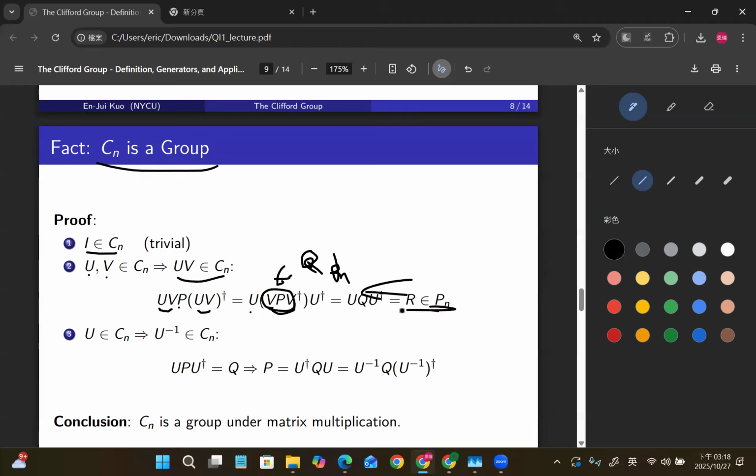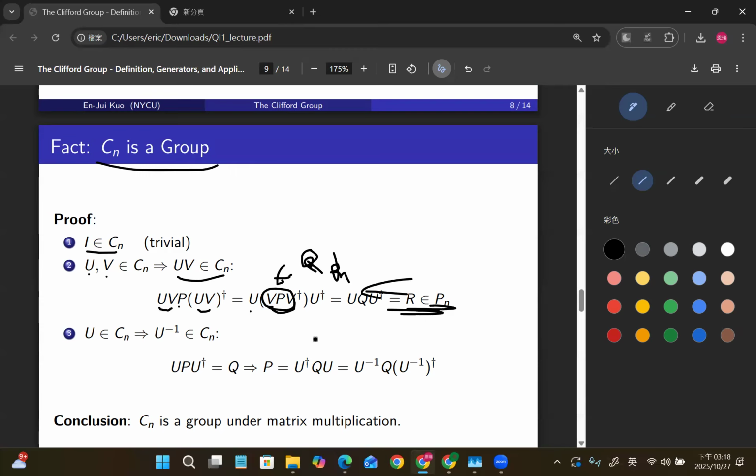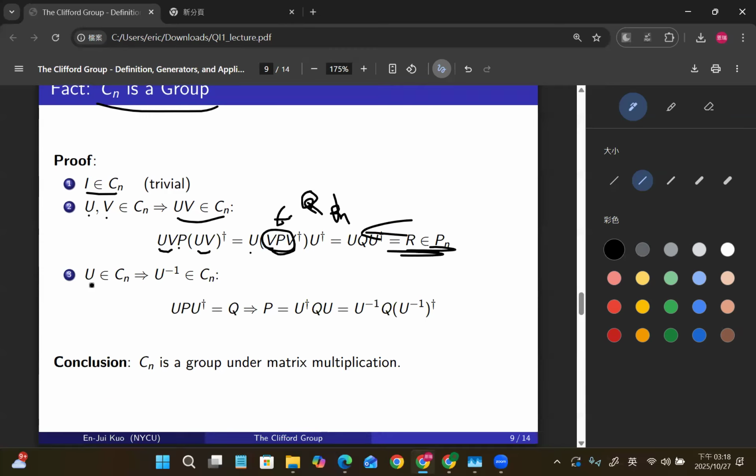So finally, it still belongs to Pauli. And if you take a Clifford element and take an inverse, you get U P U dagger, let's say it's Q. And obviously, P is U dagger Q U, which is U inverse Q U inverse dagger. So it maps Pauli to Pauli, just exchanged. So the conclusion is that Clifford is a group under matrix multiplication.